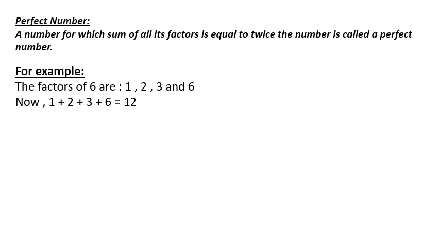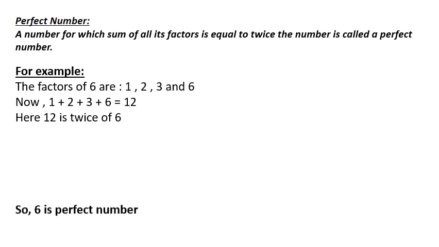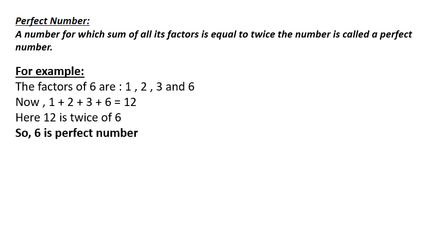Now, 12 is double of 6. Double means twice of 6. So, here 12 is twice of 6. So, 6 is a perfect number.